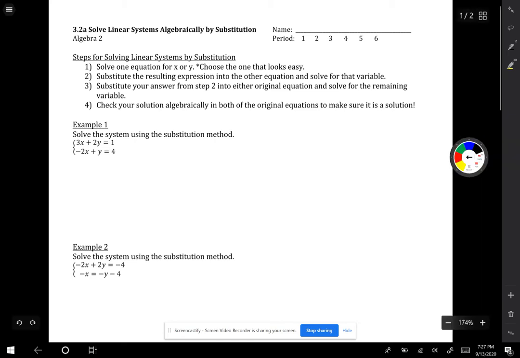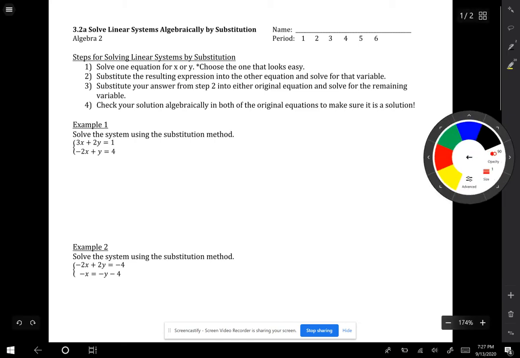So I'll jot that down: negative 1 or 1 in front of the variable. You don't want to choose something with a 3 or a negative 3 or 7, or something other than 1 or negative 1 in front of the variable.